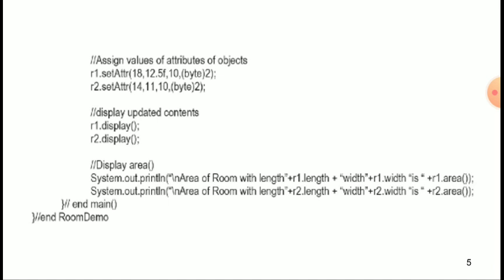Next is to display the updated contents: r1.display and r2.display. Display the area: System.out.println area of room with length plus r1.length plus width plus r1.width is plus r1.area. The same is done for r2, and end of main and end of the RoomDemo.